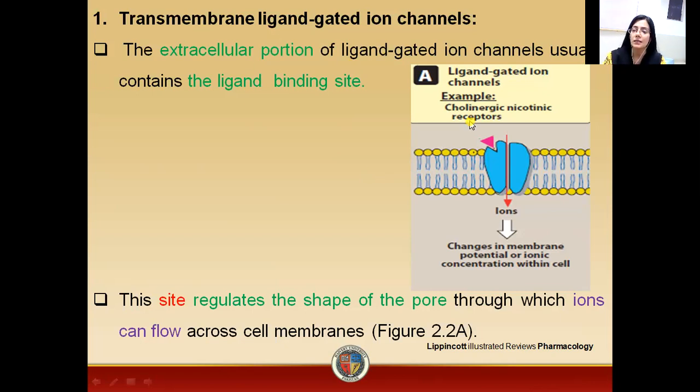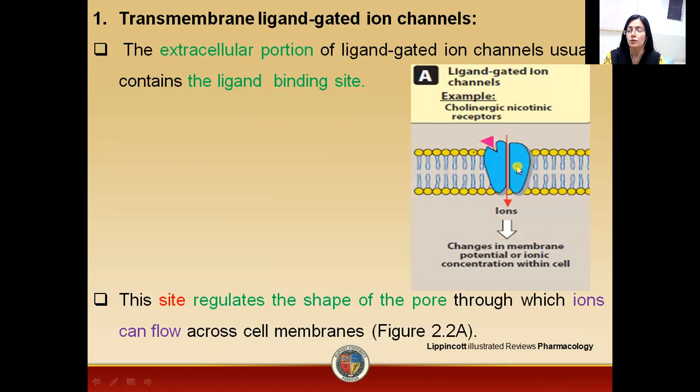Now, moving towards the first family of the receptor, that is transmembrane ligand-gated ion channel receptors. These are the receptors which basically have two sites, that is extracellular site that is present outside the cell membrane, and the other site is embedded within the cell membrane or the lipid bilayer. So the extracellular portion of this receptor has a site for the binding of the ligand, and that is called the ligand binding site.